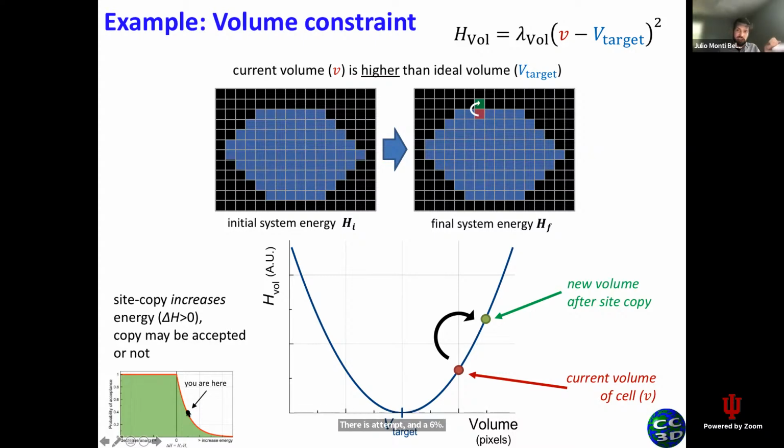So you're more likely to reject than accept, and you most likely reject that copy attempt. What happens next is that the cell shape is not changed, and you proceed to the next random selection of a site to flip. So that is how it works.